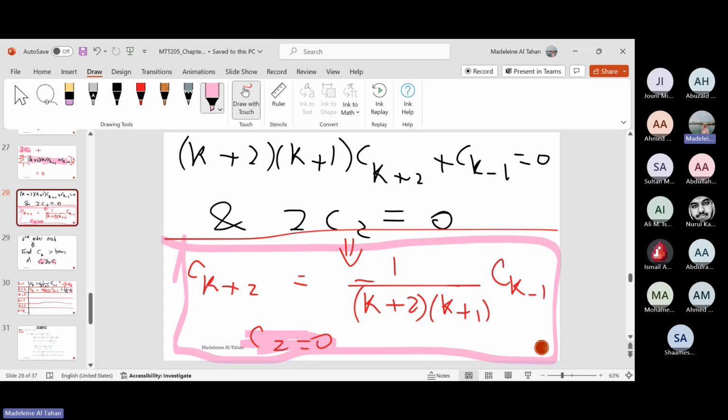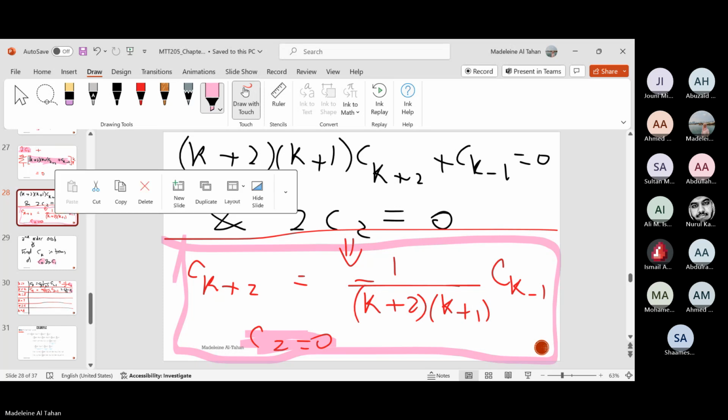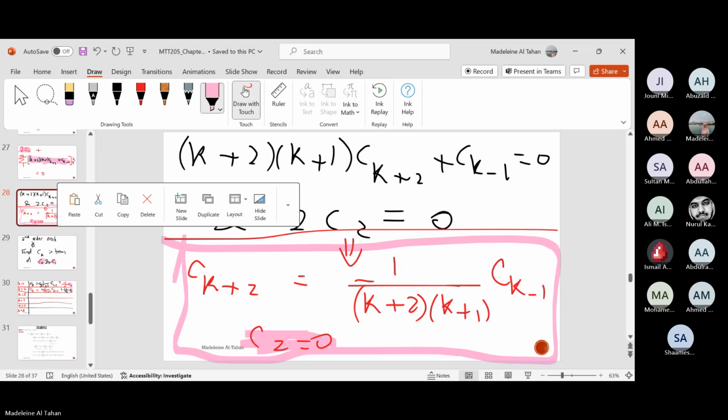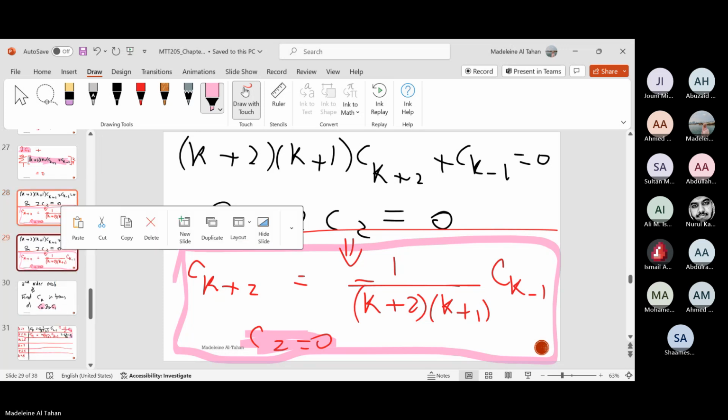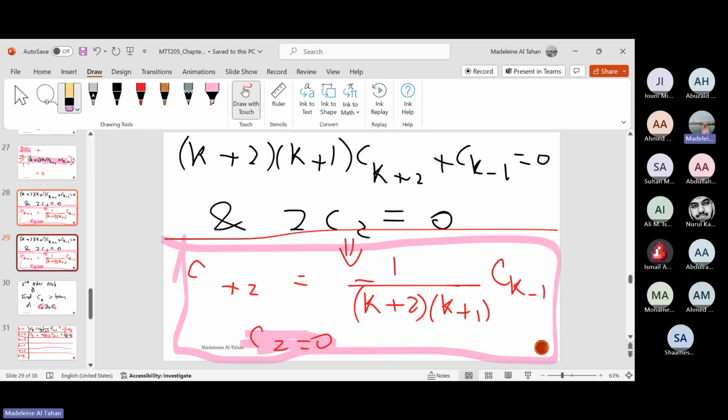Any answer for k equal 3? At k equal 3, instead of this k, we remove the k's and put 3.